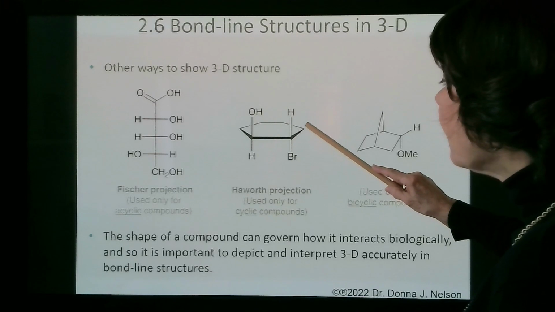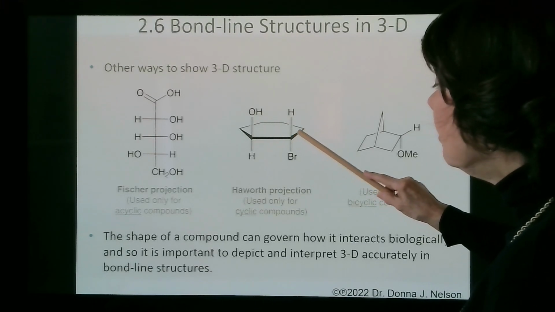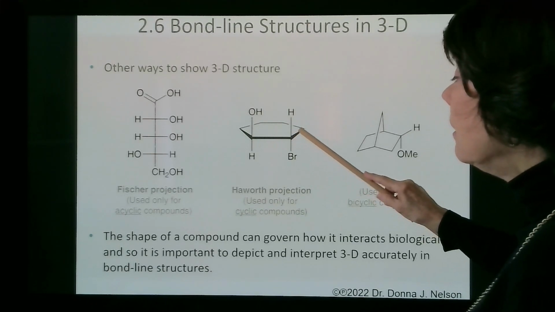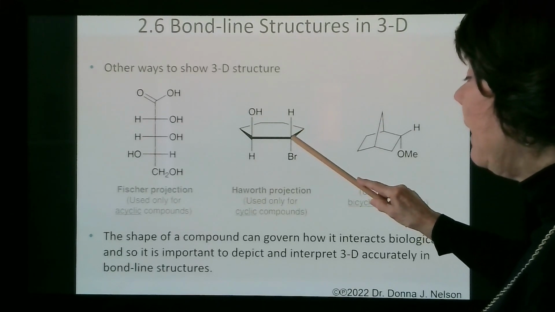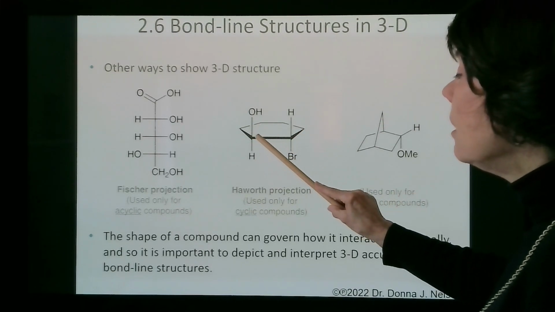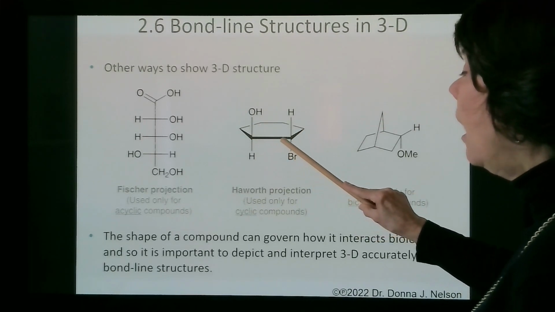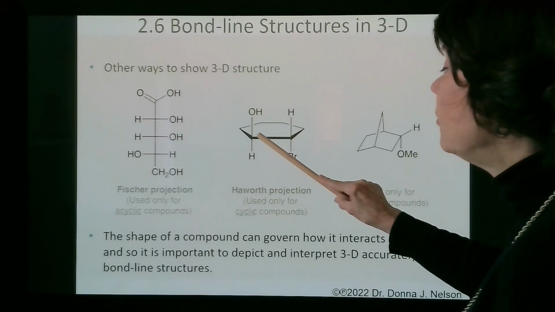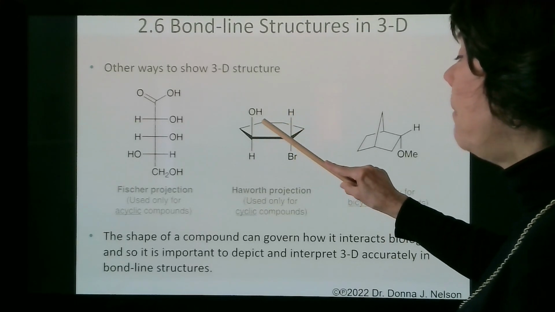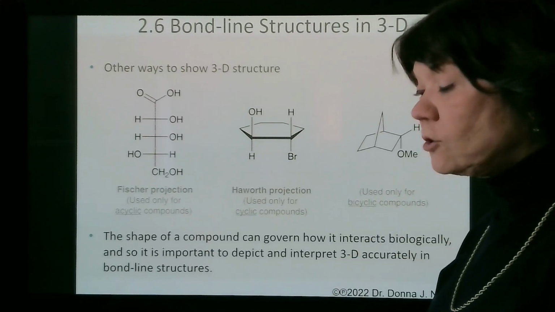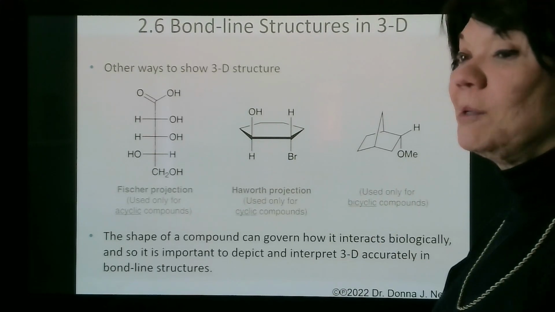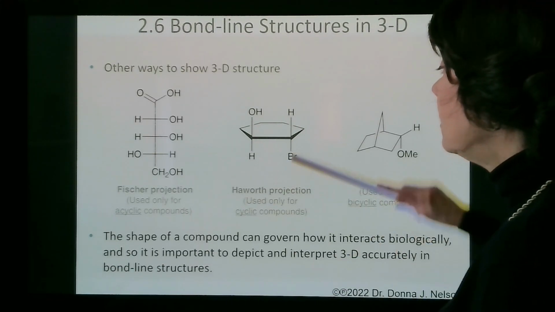And so here the wedge, solid coming out, means it's coming out at you. This bond is darkened in. It means that this bond is closer to you than the bond back behind. So it's drawn in a way such that it has some three-dimensional quality to it.